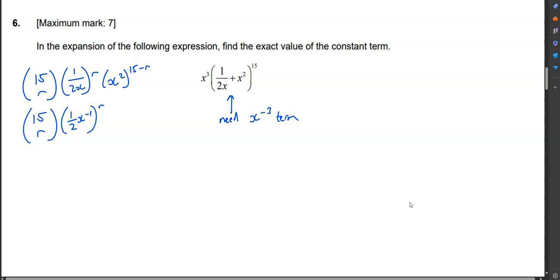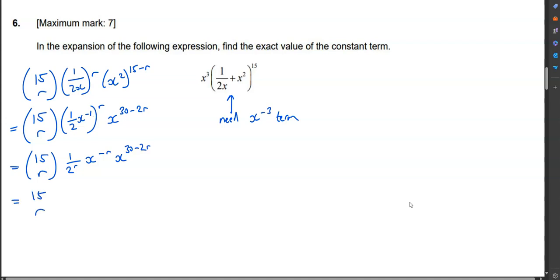Now we can actually expand the power over here. We have 30 minus 2r. We've still got 2 bits of x here, so we're going to keep going. We're going to go 15 choose r. We've got a half the power of r, which I'm going to write as 1 over 2 to the r, and then x to the minus r times x to the 30 minus 2r.